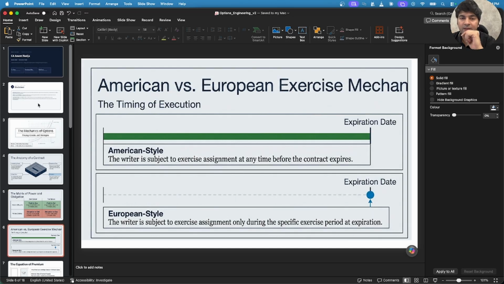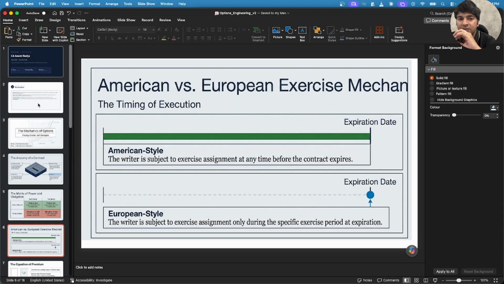Now there are two mechanisms usually followed in options. In India we have the European exercise mechanism. In American style, the writer is subject to assignment at any point before the contract expires, but in European style, the writer is subject to assignment only during the specific exercise period.